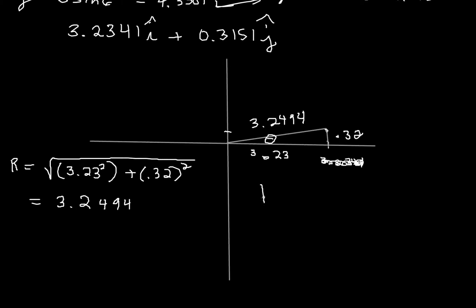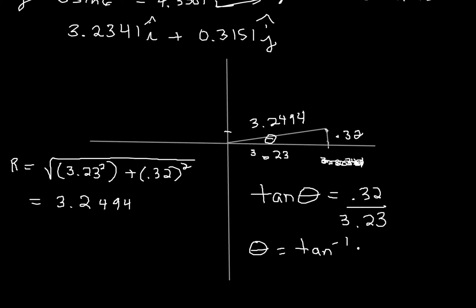We use tangent. So the tangent of theta equals opposite 0.32 over adjacent, which is 3.23. And then we're going to do inverse tangent of whatever that division is. So 0.32 over 3.23, we put that in the calculator and out pops the angle, which is 5.56.